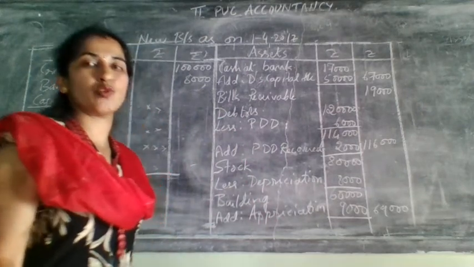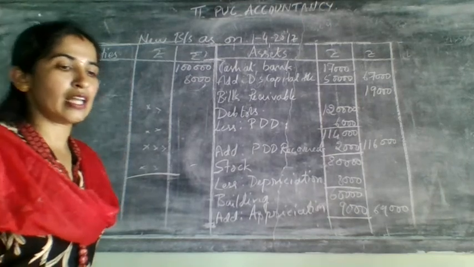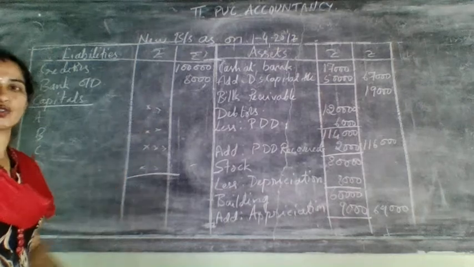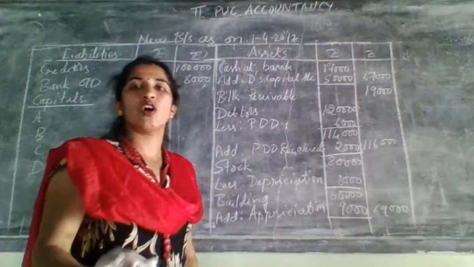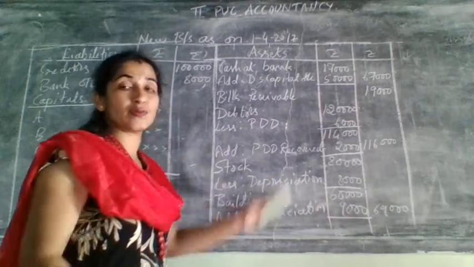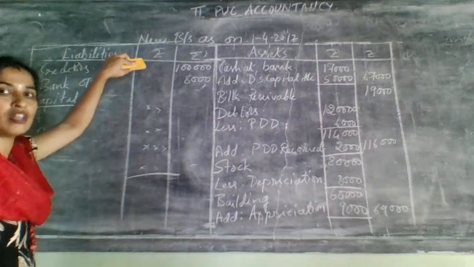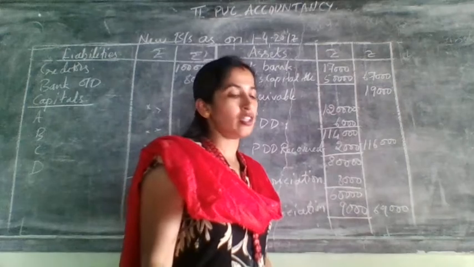Let us move on to the next side, that is the liability side. On the liability side, they have given first only creditors. Creditors was 1 lakh, usually no adjustment for that. If they have given discount on creditors or likely to reduce in creditors, that is considered as discount on creditors, that time this amount will come here, and from this you need to minus that amount and write it in the outer column.